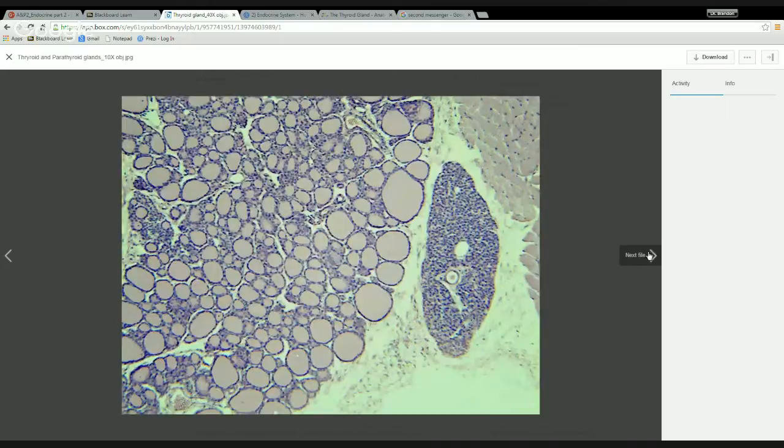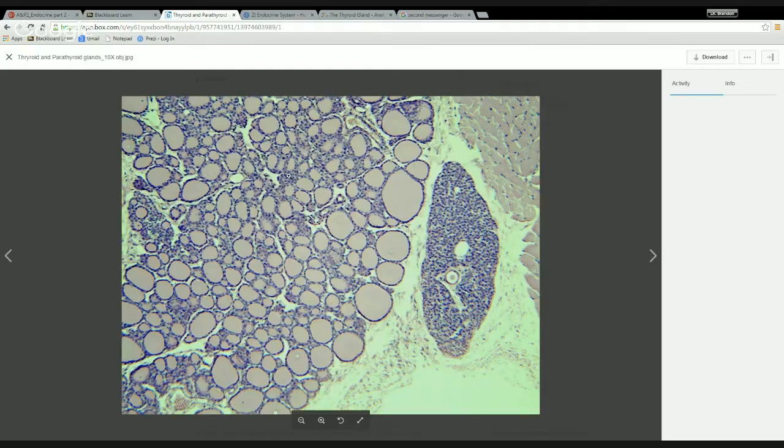But if I go back to the 10X version, I feel fairly confident, especially over here, that a lot of these cells are parafollicular. Or this little cluster here is probably parafollicular. I'm not exactly sure which area that previous picture zoomed in on, but I think those are pretty obviously parafollicular cells. The reason I say that is if I could isolate just that little square of tissue right there, and then go over to the parathyroid gland and highlight the same size square of tissue, you wouldn't be able to tell them apart, okay?